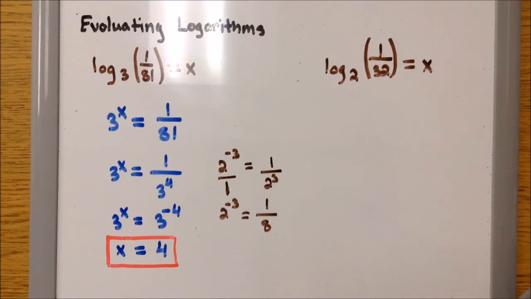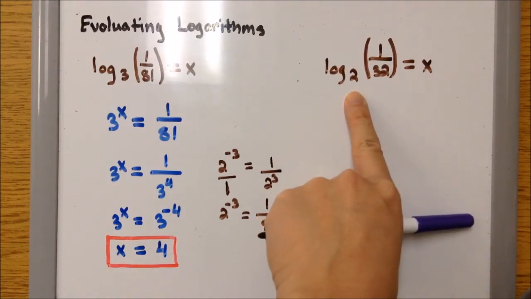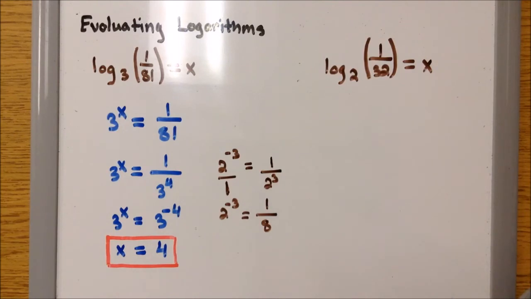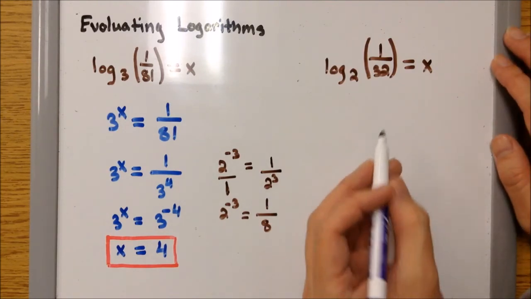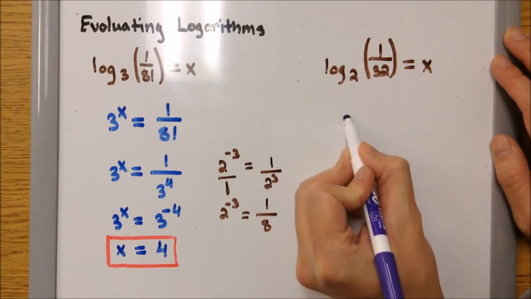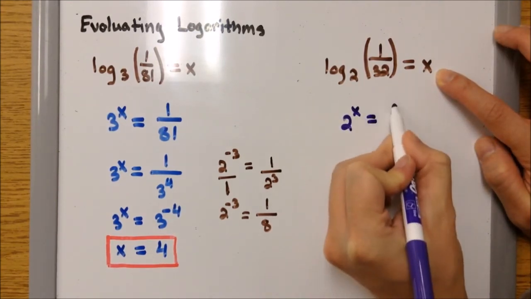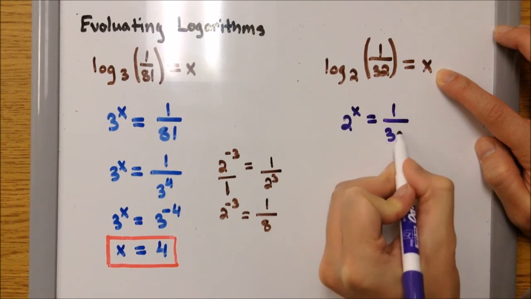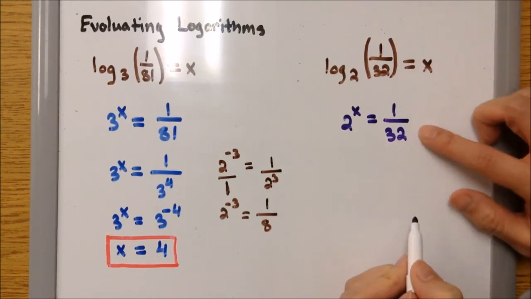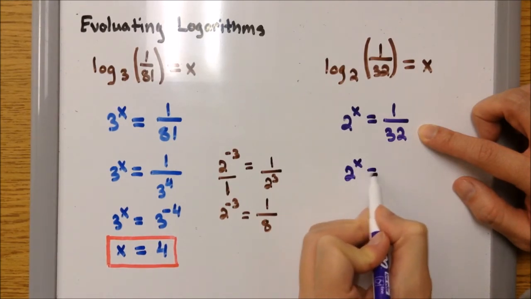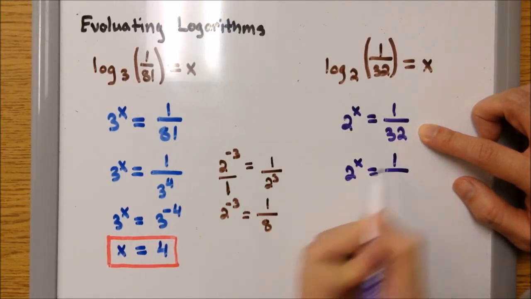Now, working with example 5, we have log base 2 of 1 over 32 equal to x. First step, write it in exponential form. Our base is 2 and our exponent is x, equal to 1 over 32. Again, we have a fraction. So I'm going to write the left side again, keeping the numerator first.